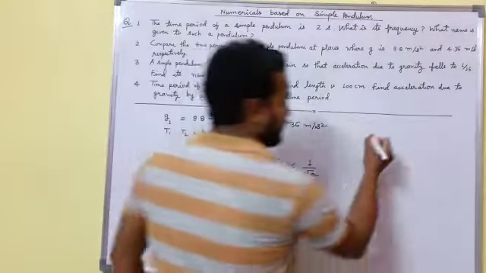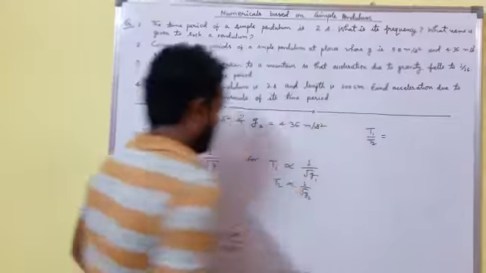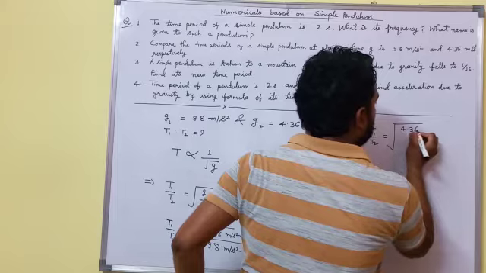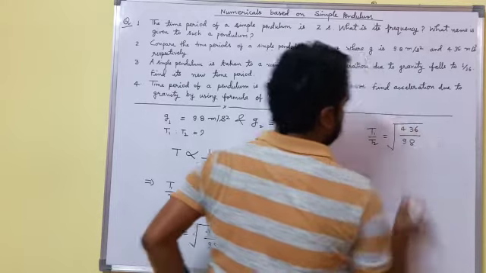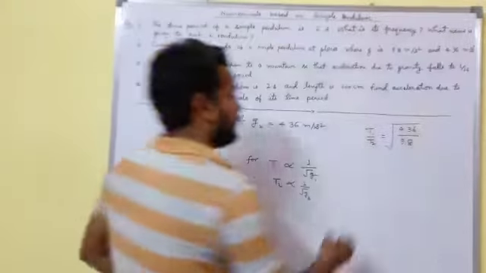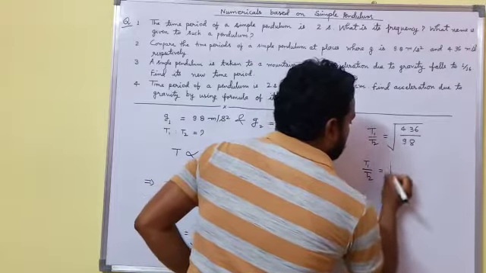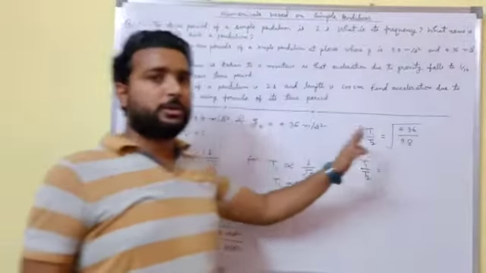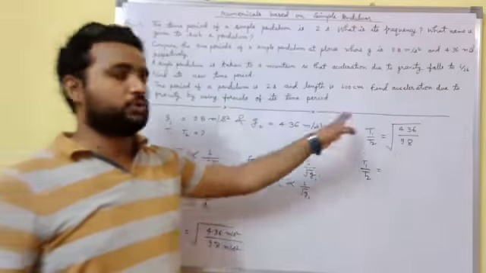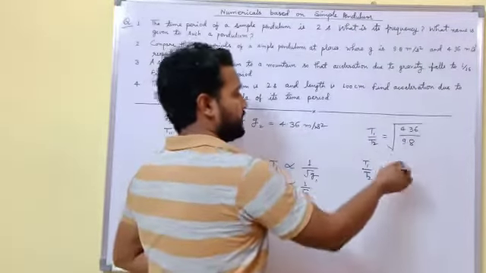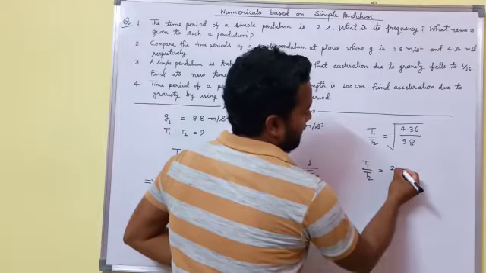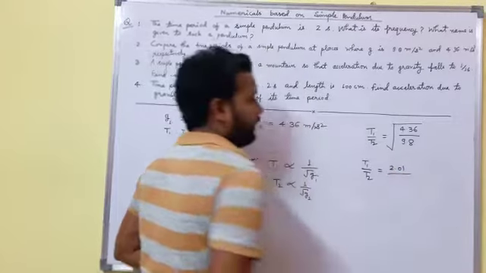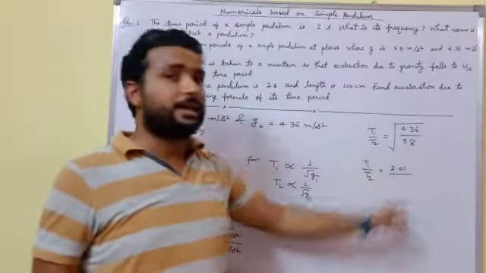Now we have T1 upon T2 equals root of 4.36 upon 9.8, and now after solving, the square root of 4 is 2, so the square root of 4.36 is just near about 2.08, upon the square root of 9.8.